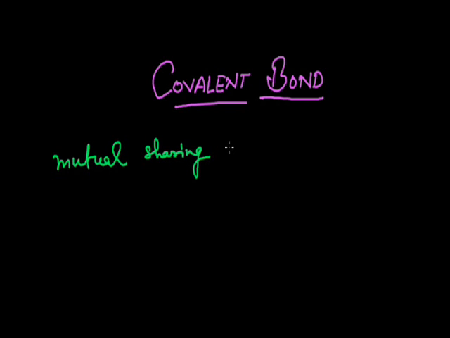There is no transfer of electrons from one atom to another in this type of bond. It is the mutual sharing of electrons, and the sharing can take place between the atoms of same or different elements.